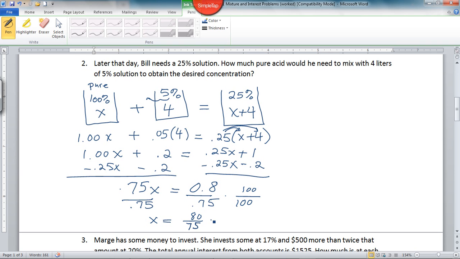And that gives us a nice fraction we can reduce. 80 divided by 75 reduces by 5s. 80 divided by 5 is 16. 75 divided by 5 is 15. So we wind up with 16/15, and that is 16/15 again in liters.